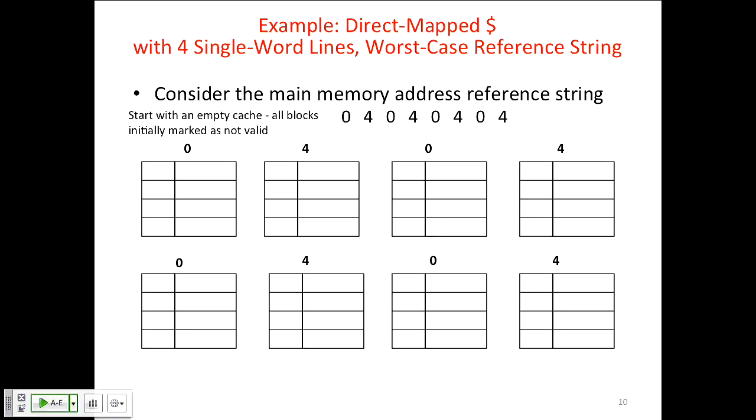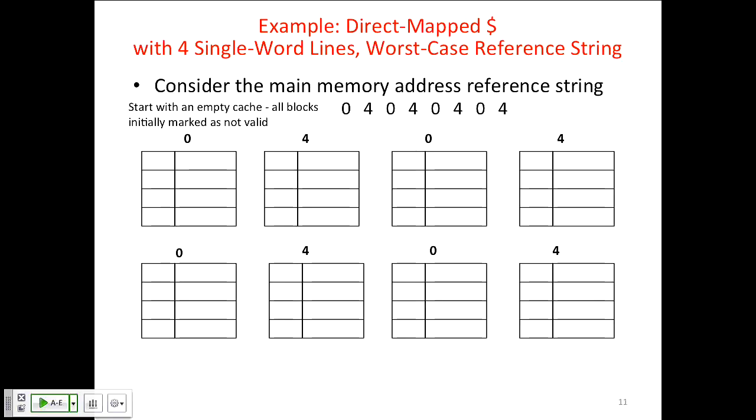So accessing word 0 here, first of all, the cache is empty. Let's assume everything's invalid. So you're going to get a miss, and the first set is going to hold the word at memory location 0. Then you do word address 4.